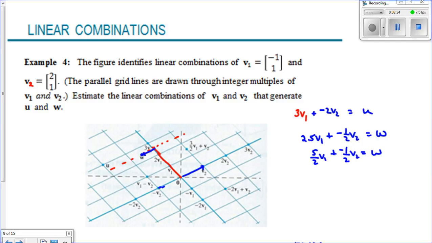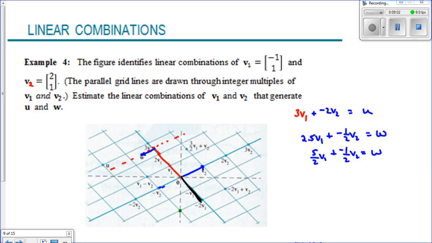Okay, so let me get another one here that we can estimate. What if we had the point right here? I want to be able to write that as a linear combination of v1 and v2. Well, let's see how far out along the same direction or opposite direction of v1 I would need to go to get to that point. Looking at my grid, I'd need to go this way. So you want to think of 2 blocks in that direction.